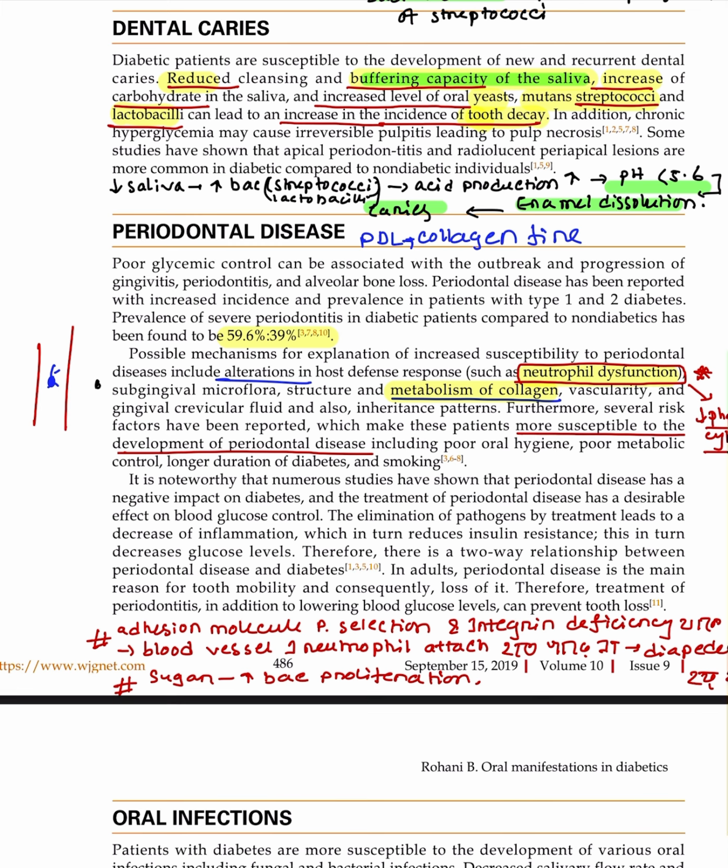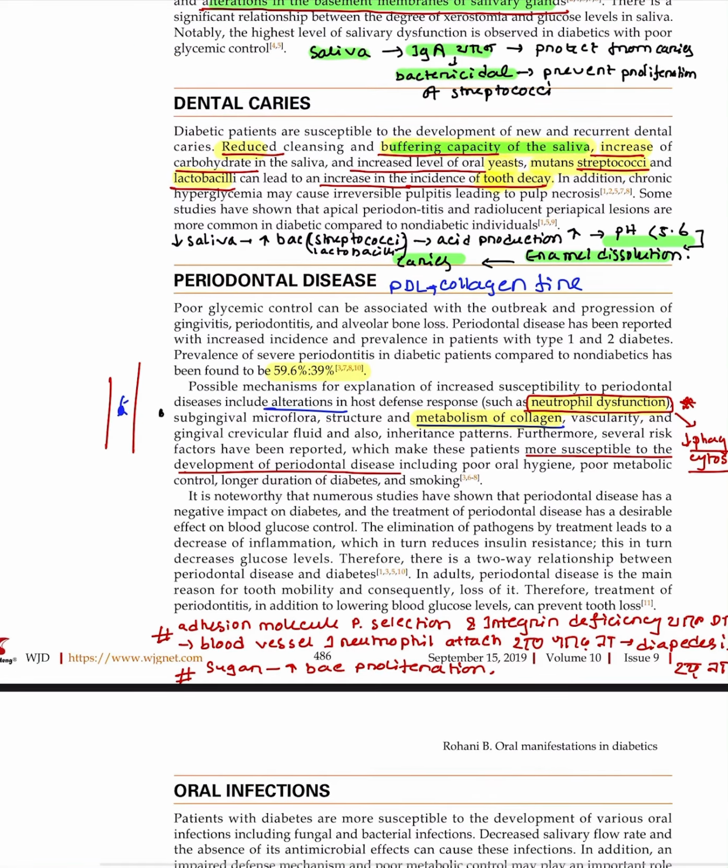There are adhesion molecules, P-selectin and integrin, which help in attachment of the neutrophil to the blood vessel wall.